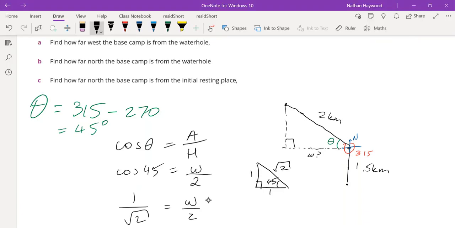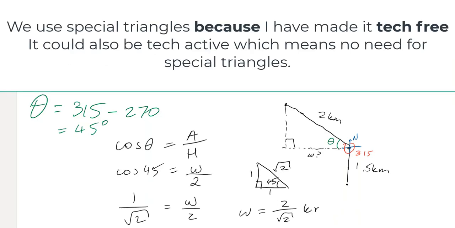So we can rearrange for W now, so multiply both sides by 2, and we know that W is equal to 2 over square root 2 kilometers. You have to use special triangles. We don't know what cos 45 is equal to. This is a tech-free question. You're not allowed to use your calculator.